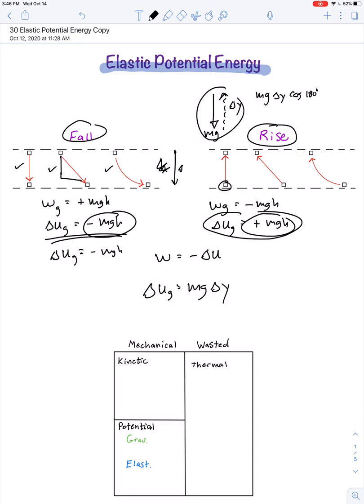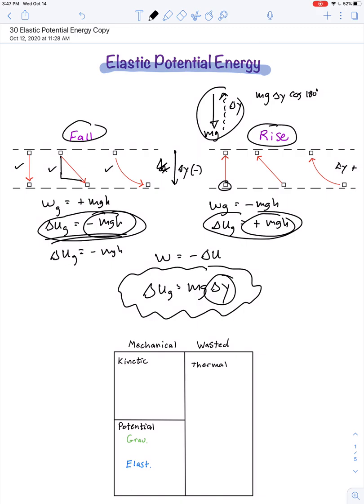In this case, delta y being downward is a negative value, and in this case, delta y is a positive value. So regardless, this becomes a good definition for the change in gravitational potential energy. It will come out negative when delta y is negative, and positive if delta y is positive.